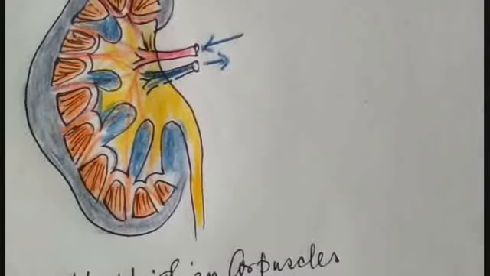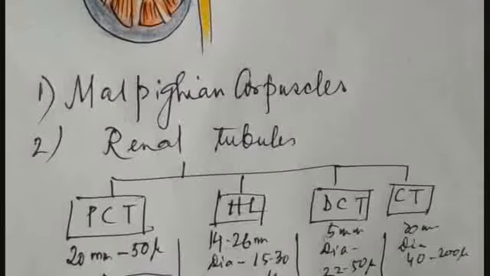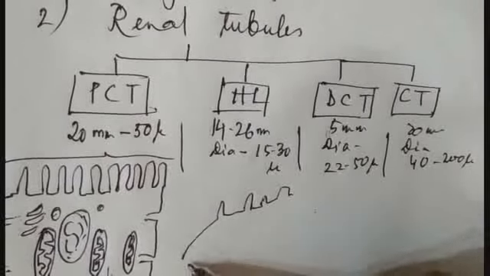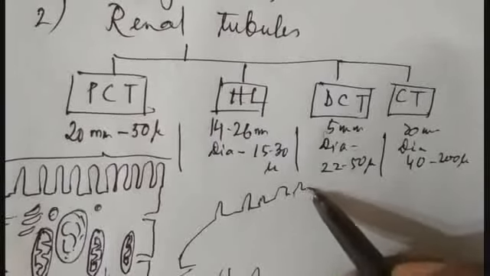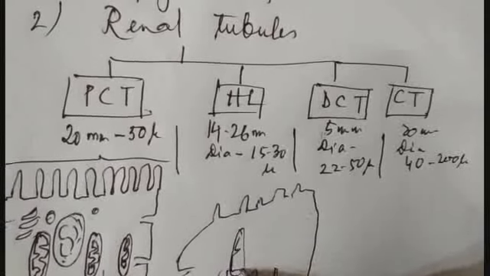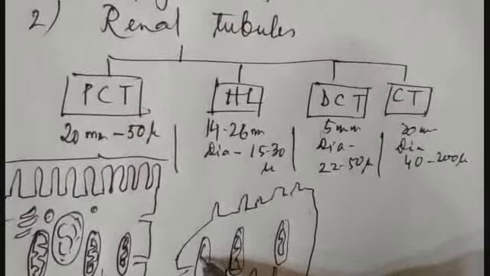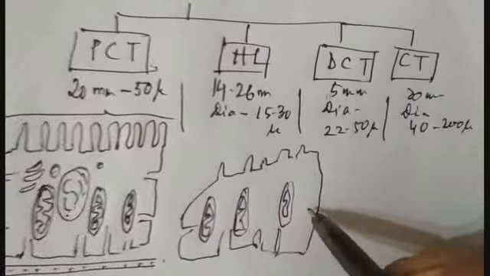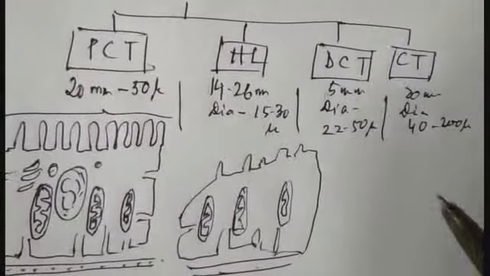In Henle's loop, the number of microvilli is very few. It has no brush border.